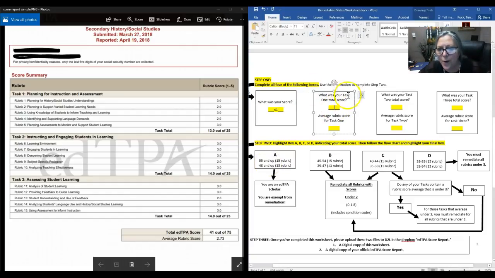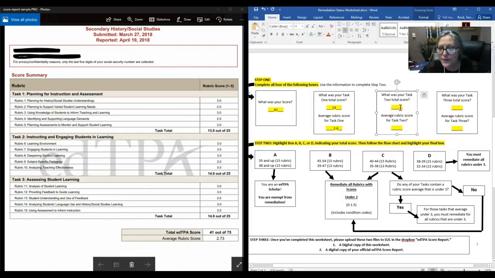What was your task 1 total score? 13. I'm looking here. And the average rubric score. So, there were 5 of these. So, we're going to take 13 and divide by 5, and that's going to give us 2.6. Then we have task 2 total score.